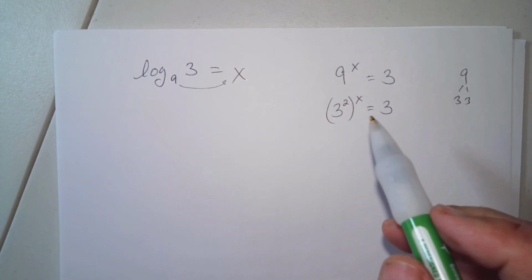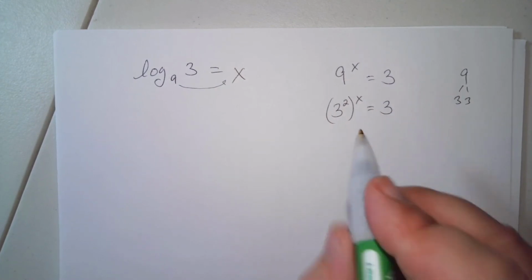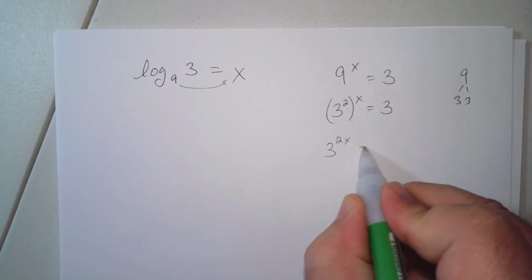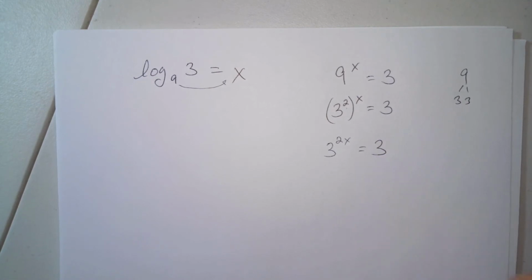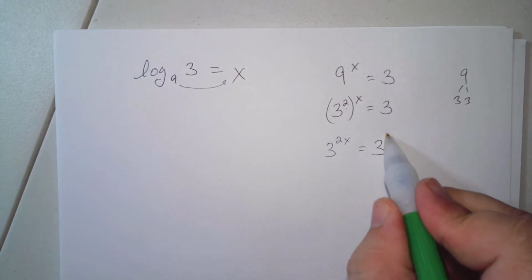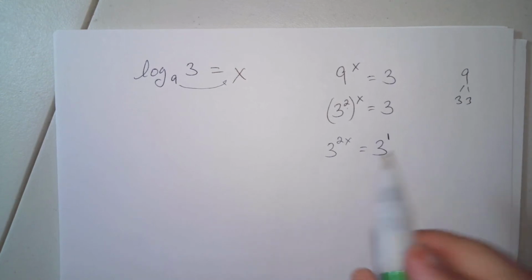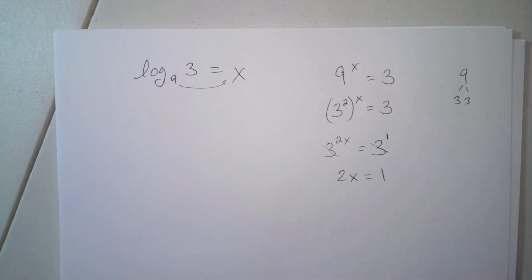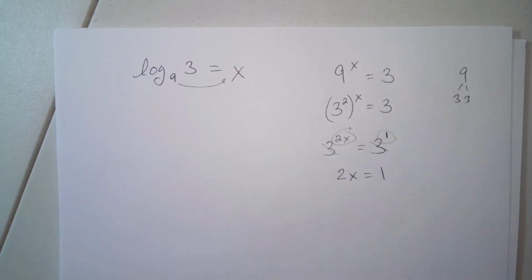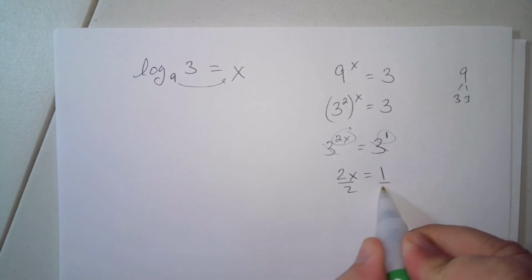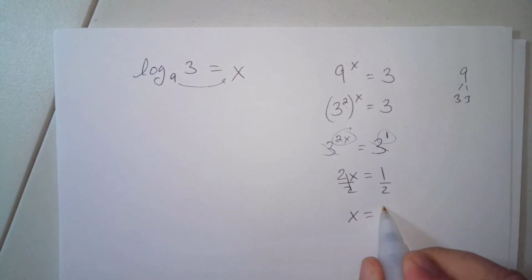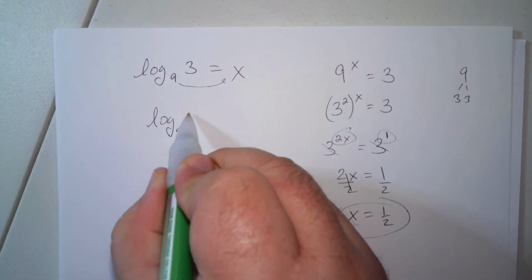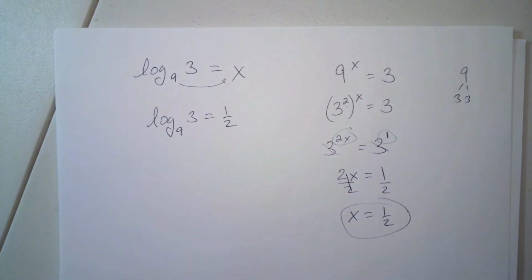And we talked about exponents in chapter 2. Whenever you have power to a power, you multiply. So 2 times x is 2x. And since there's no power on the 3, it's automatically a 1. Since the bases are the same, we just worry about the exponents. Solve for x. So x equals 1/2. So our answer for log base 9 of 3 is 1/2.